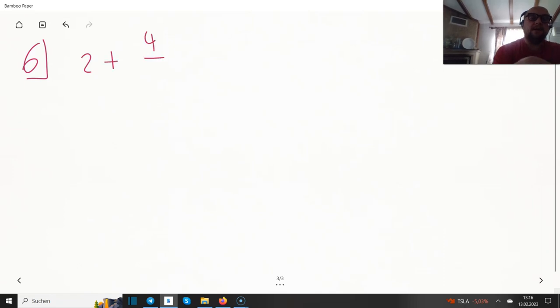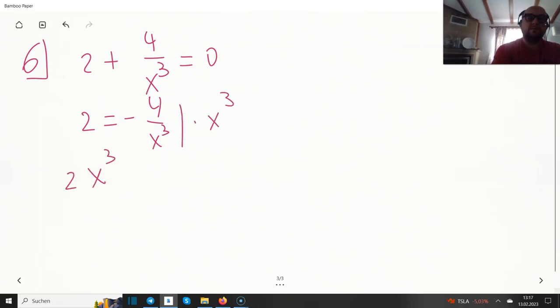2 plus 4 divided by x cubed should be equal to 0. So 2 is equal to minus 4 divided by x cubed times x to the power of 3. 2x cubed equals to minus 4. I'm very detailed in this step, but it's all right. Now we're dividing it by 2.